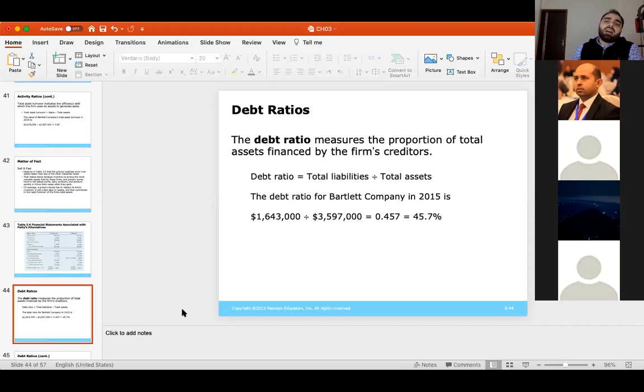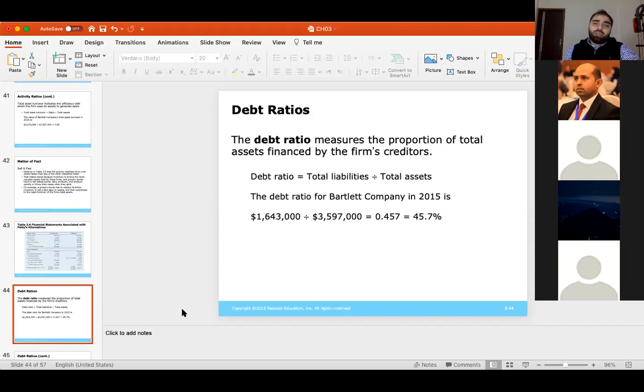We can finance our assets by liabilities, and we call this the financial leverage. Or we can finance our activities by using the owner's equity. So it depends on the decision of the board of directors, of course, whether to finance our activities from liabilities or owner's equity.